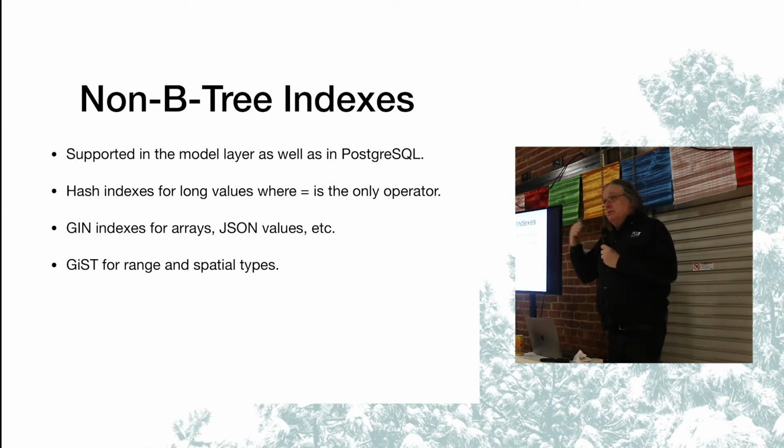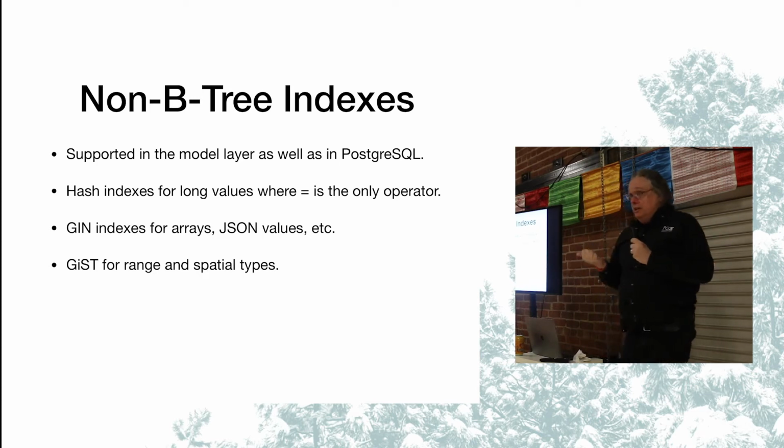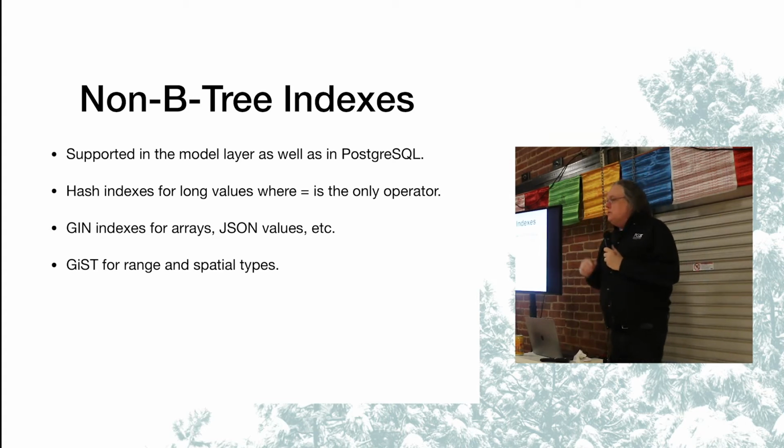It handles total ordering, greater than or less than, and all that stuff. It doesn't care where things are on disk. It can handle a completely random arrangement on disk. But you have better choices. For example, for long types like UUIDs or text strings, a hash index is generally a superior index type. You can create those in your model now. You don't have to drop down to raw SQL to do them.